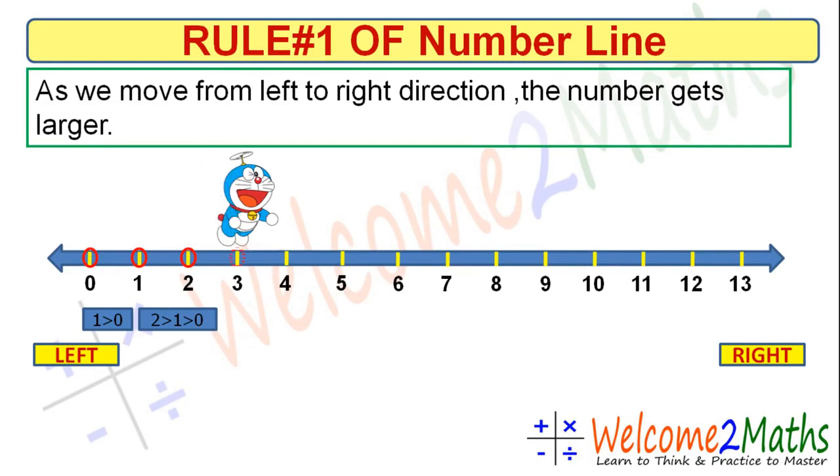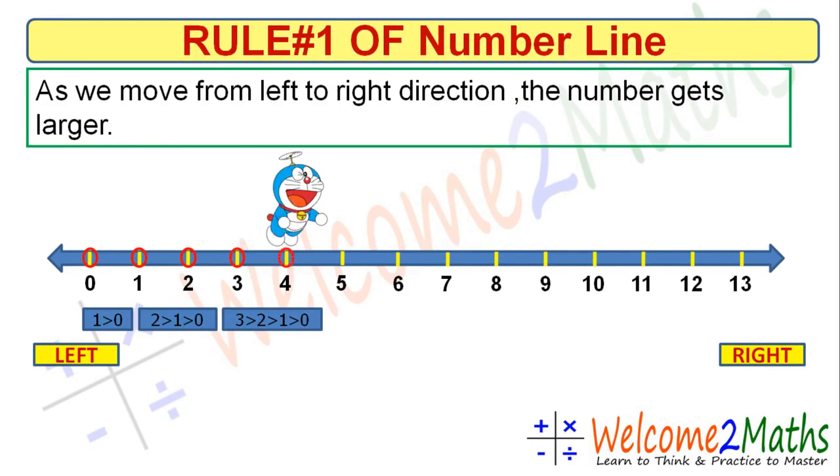Now he moves to the next number, that is number 3. And we know that what? That 3 is greater than 2 and 1 and 0. So now Doraemon, let's move to the next number. Yes, he is now on the number 4. And we know that 4 is greater than 3, 2 and 1 and 0.